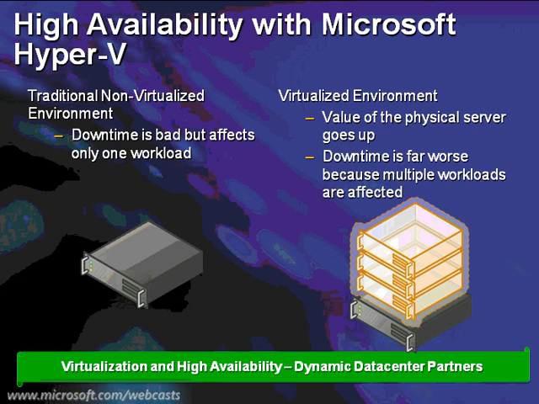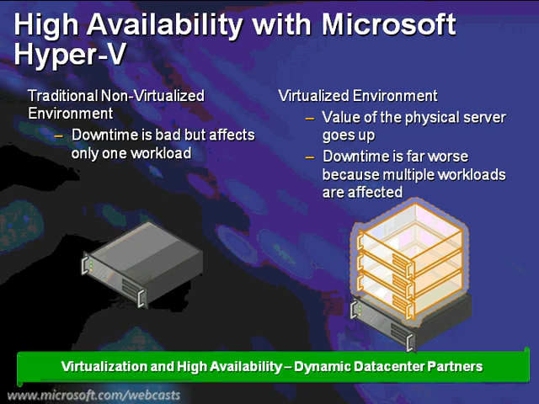So high availability with Microsoft Hyper-V is certainly an important piece of the equation because, as we talked about a little earlier, in the virtualized environment, the DR value of each physical server goes up tremendously because each server is now running multiple virtualized server workloads.